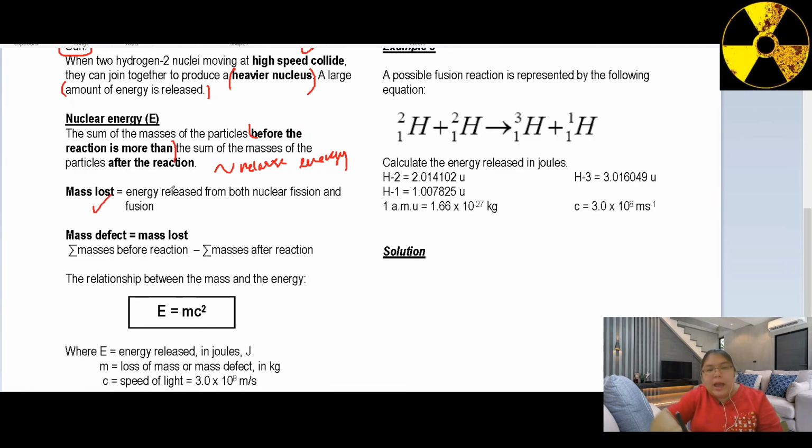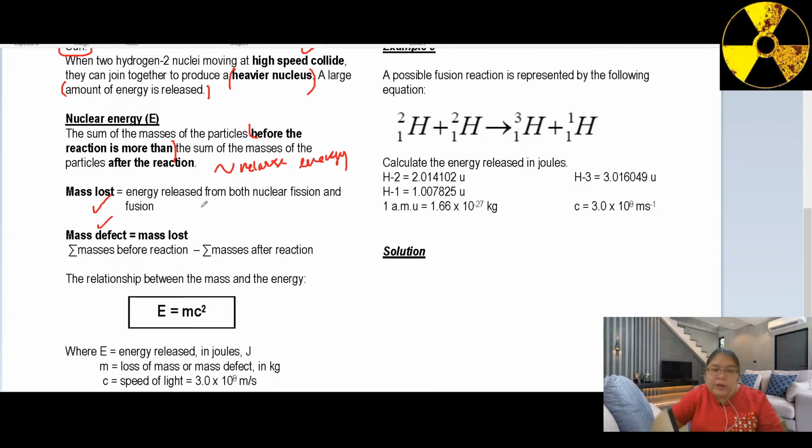Okay, energy released from both nuclear fission and fusion. Oh, sorry, not mass loss. After you calculate, that means there's a mass loss. You can say mass defect also. So that means we need to count how much energy was lost.